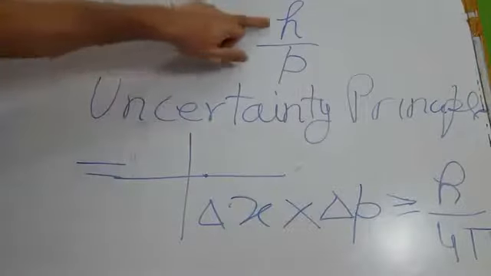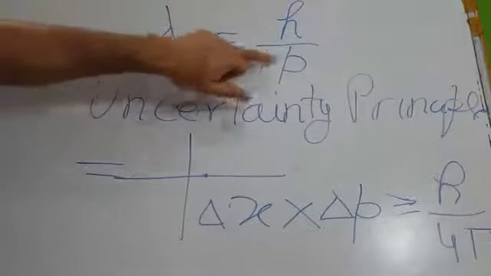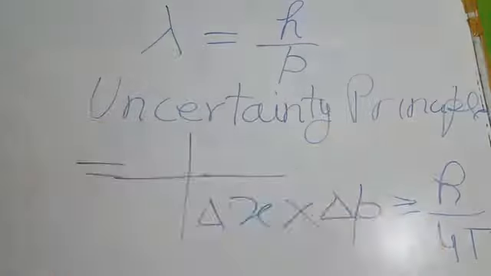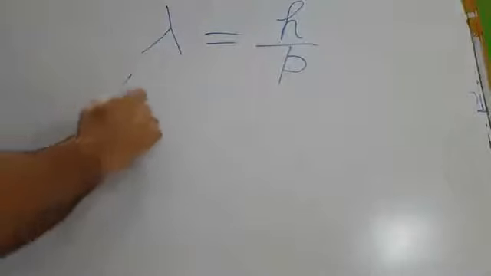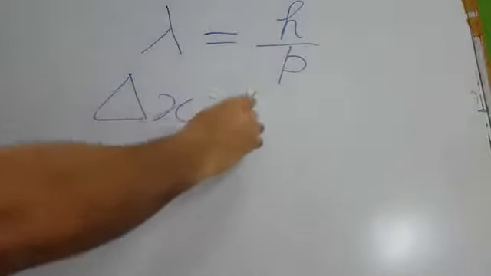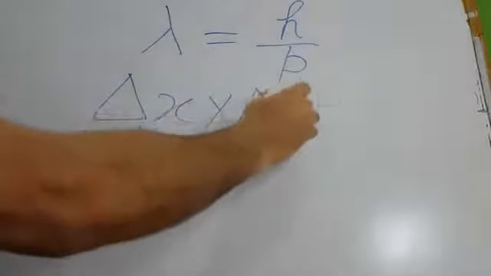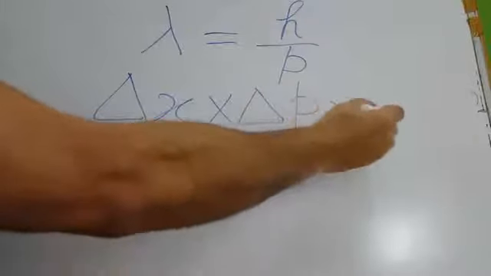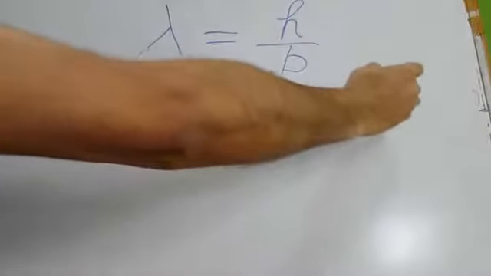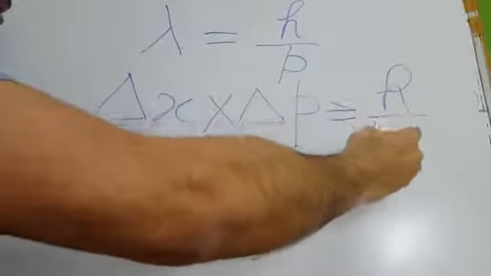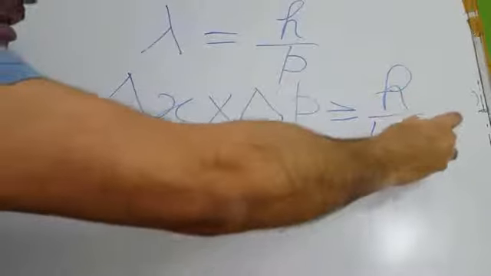Here lambda was Planck's constant divided by momentum. Here Planck's constant divided by 4 pi. Delta x into delta p is equal to or greater than h upon 4 pi.